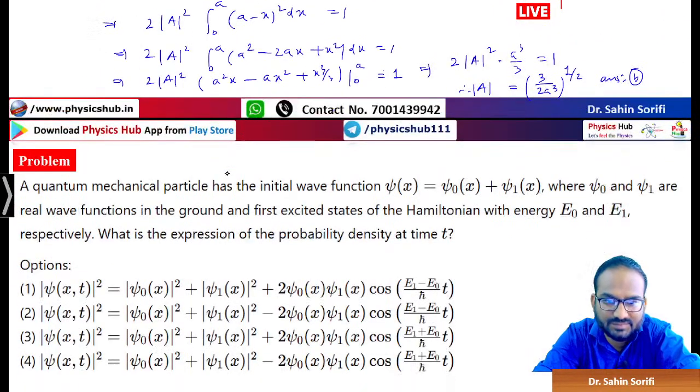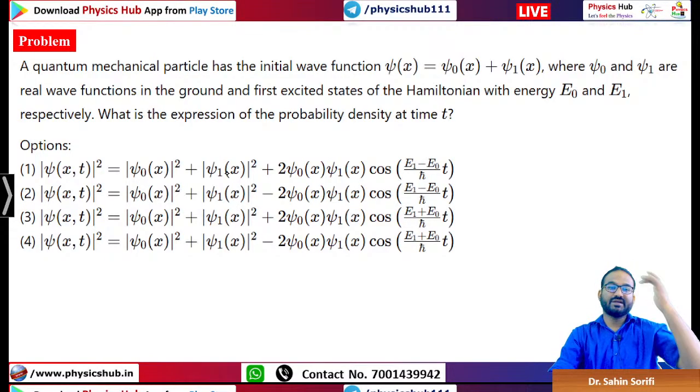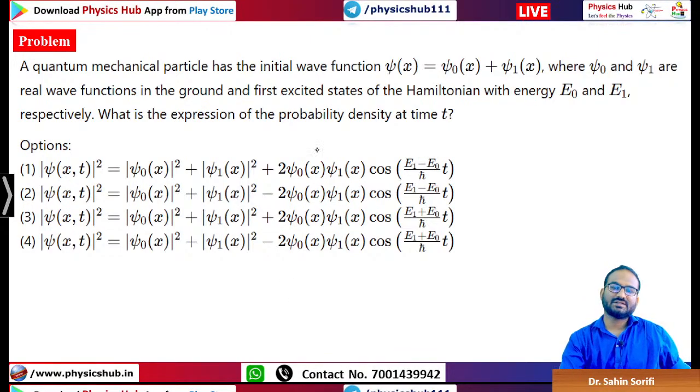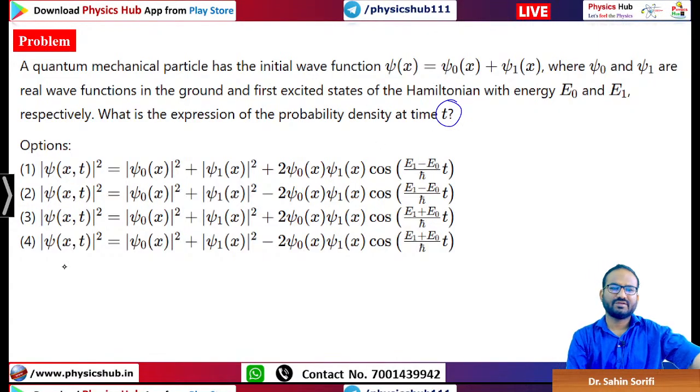The next problem is, I think you have already done this type of problem before. A quantum mechanical particle has the initial wave function this, where psi 0 and psi 1 are real wave functions of the ground and first excited state of the Hamiltonian with energy E0 and E1. What is the expression of the probability density at time t? So I think we have done it already, na?